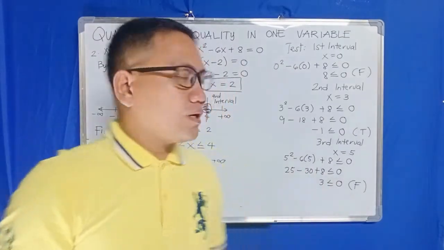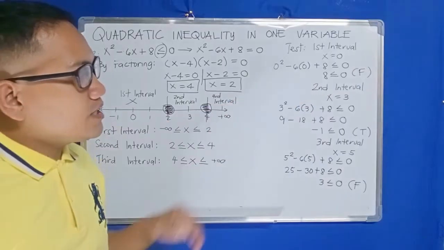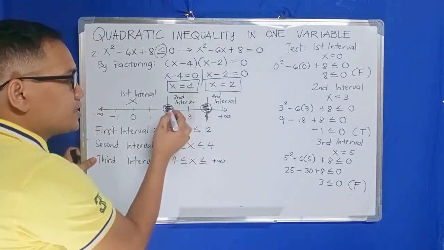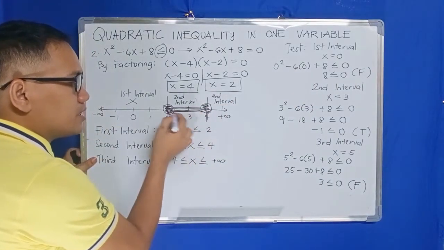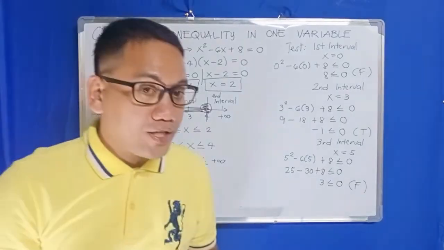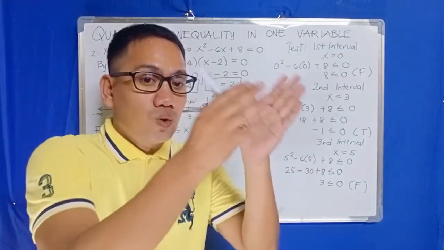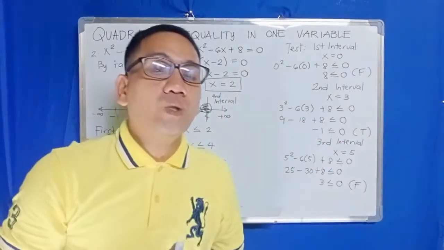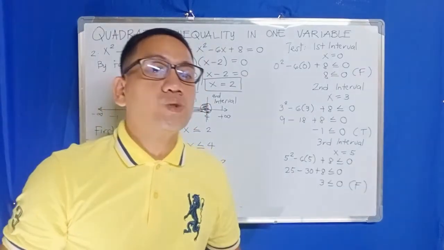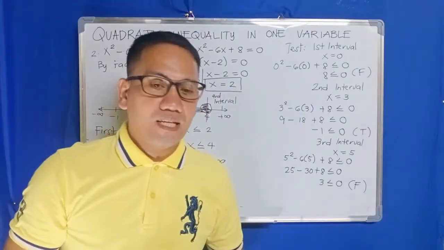What do we mean by this? Because our second interval is a true solution, we will shade this region. And that means all points that can be found between 2 and 4, including 2 and 4 itself, are solutions of our quadratic inequality.